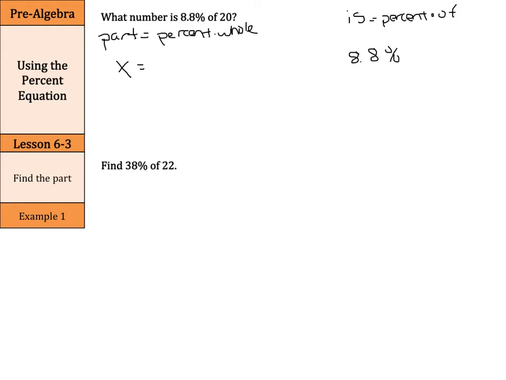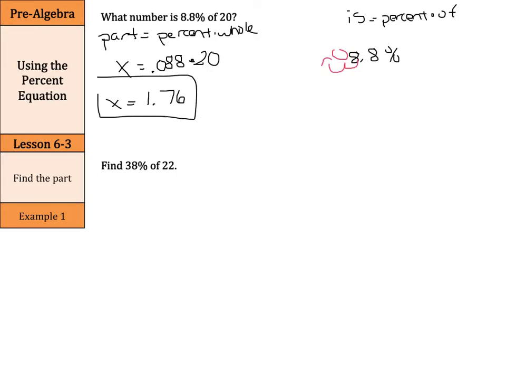Just because there's a decimal in the percent doesn't already make it a decimal, so we need to get this number into decimal form by moving the decimal point 2 spots to the left to have a result of 0.088 times our whole of 20. And 0.088, or 88 thousandths, times 20 is 1 76 hundredths.